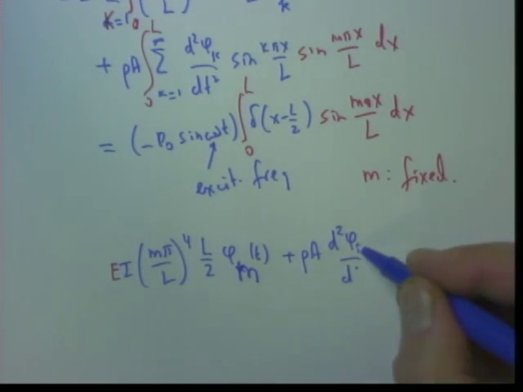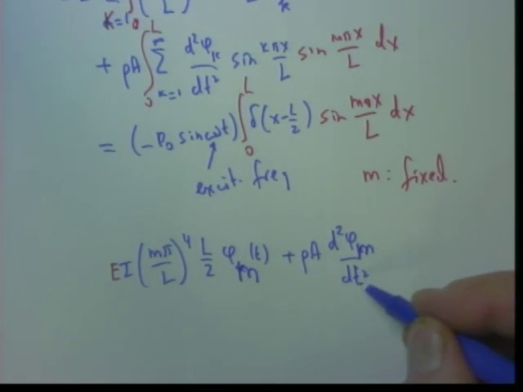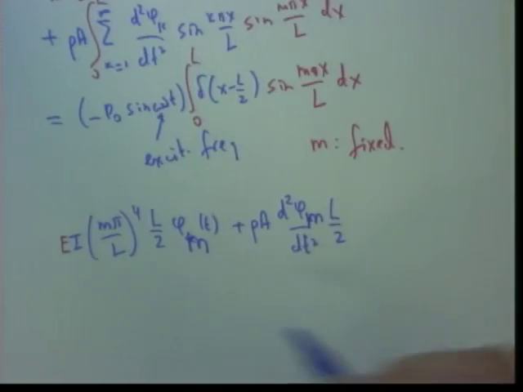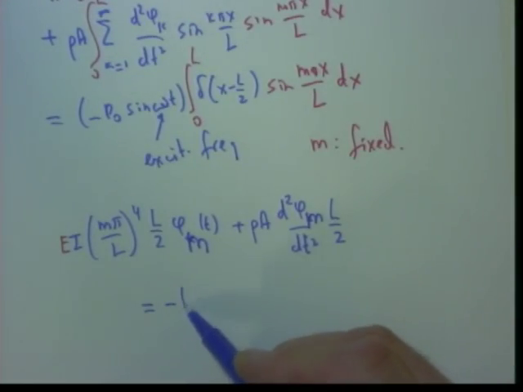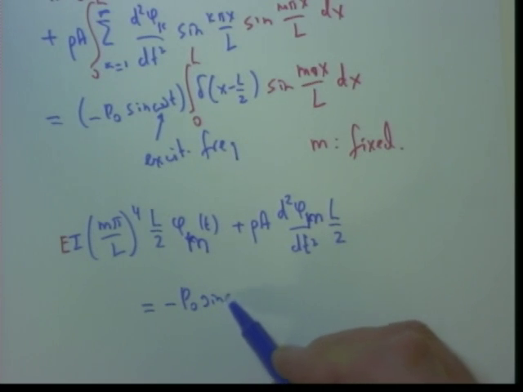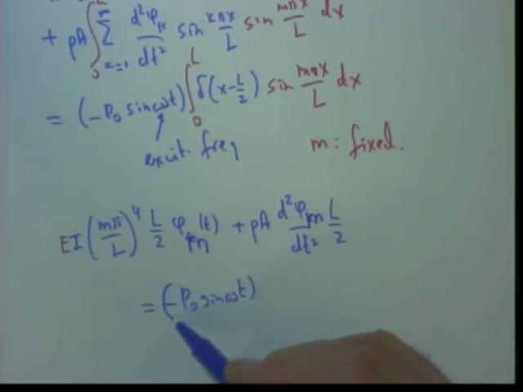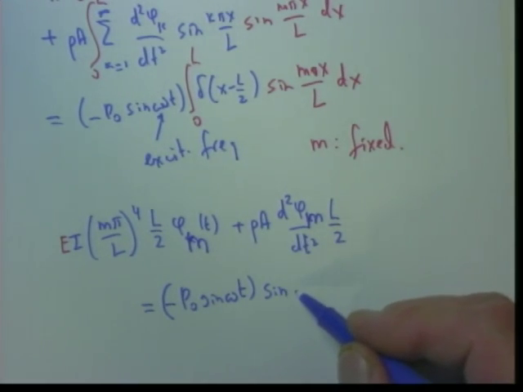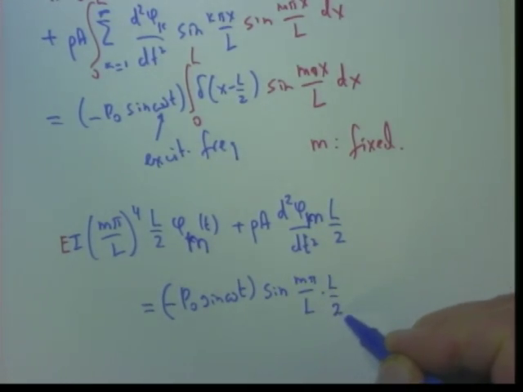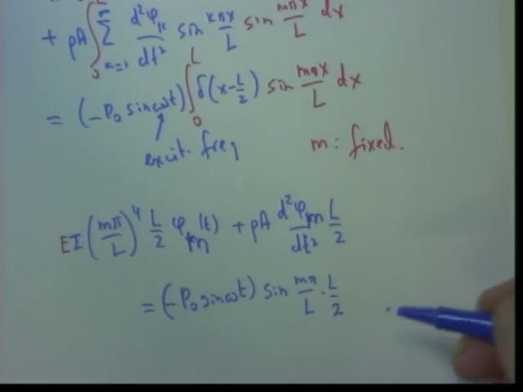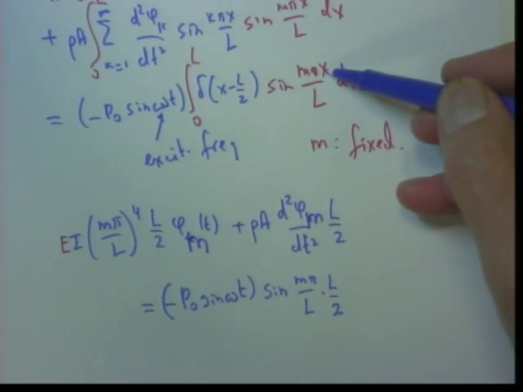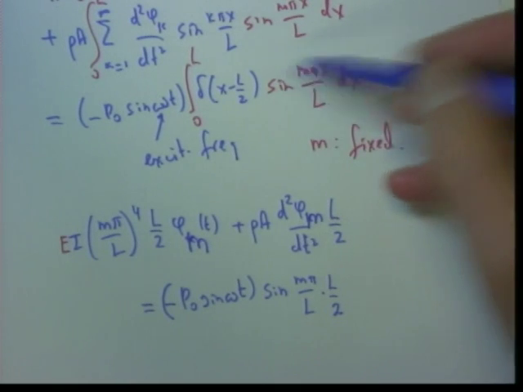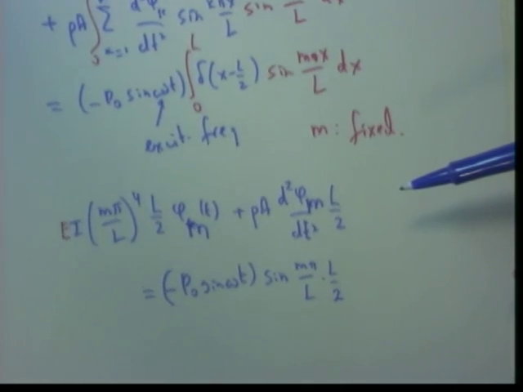K must equal m, phi_m, dt squared, L over 2. Here on the right hand side I have minus p0 sine omega t. And now delta function will give me sine m pi, and here is L over 2. Okay, so that is a definition. I have to substitute instead of x, L over 2, and that is what we'll get out.